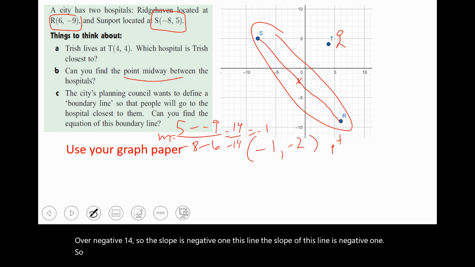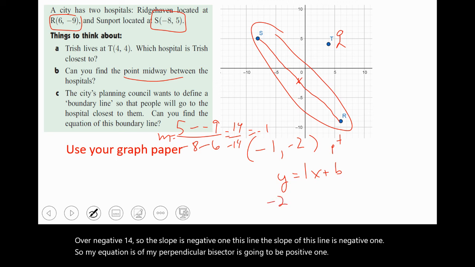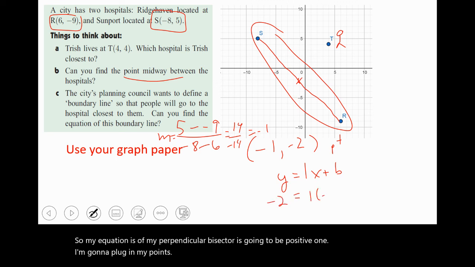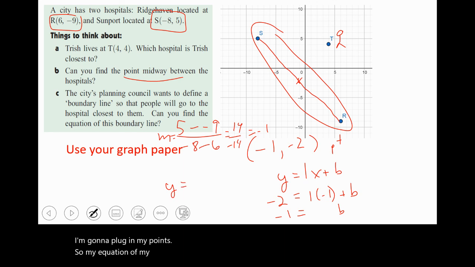So the slope of my perpendicular bisector is going to be positive 1. I'm going to plug in my points. So my equation of my line is y equals 1x minus 1. x minus 1 looks about like that.